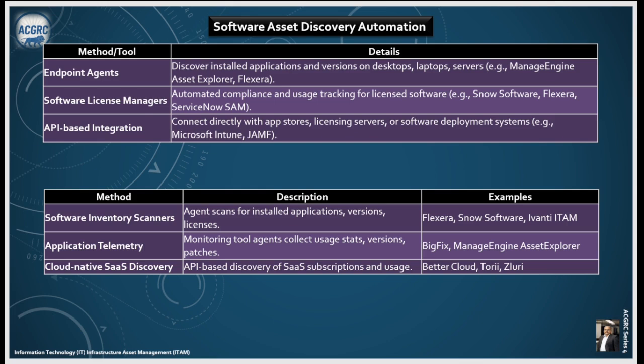The software inventory scanner is an agent that scans for installed application versions, licenses, etc., like Flexera, Snow Software, Ivanti, ITAM. Application telemetry is about monitoring tool agents that collect usage stats, versions, patches. Examples: BigFix, ManageEngine, etc. Cloud-native SaaS discovery is API-based discovery of SaaS subscriptions and usage. Examples: BetterCloud, Torii, Zluri.